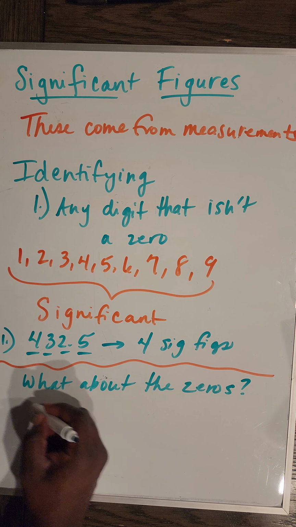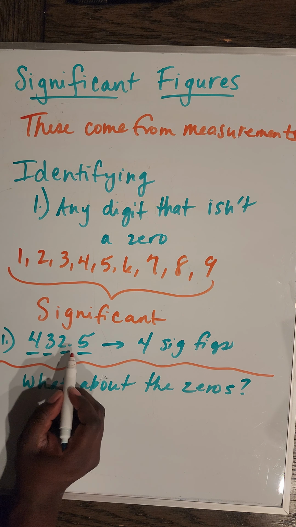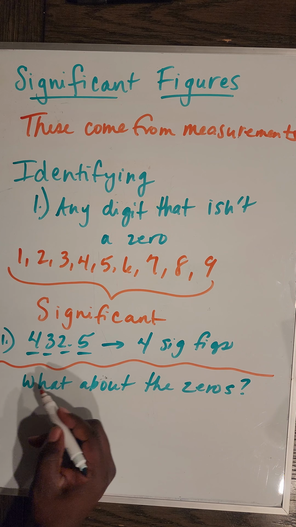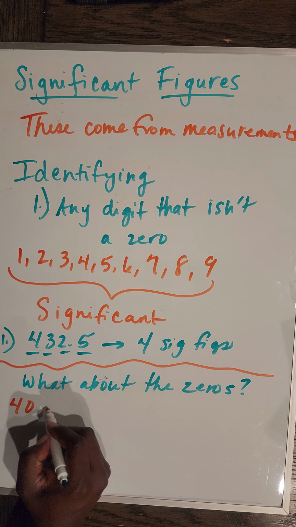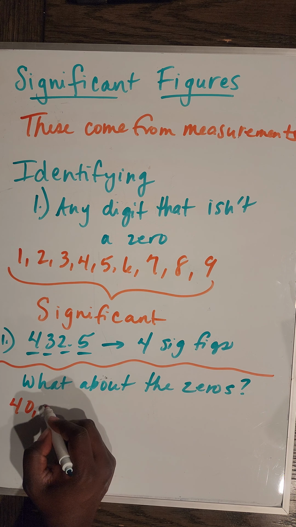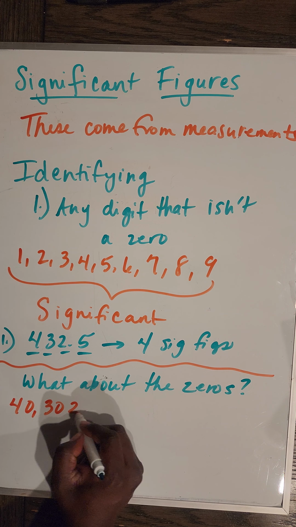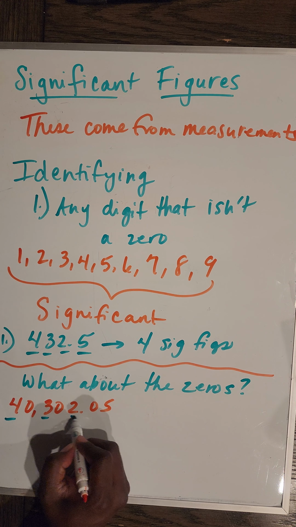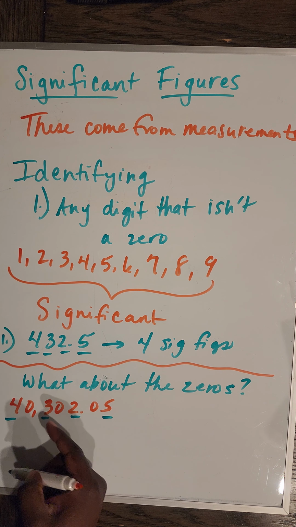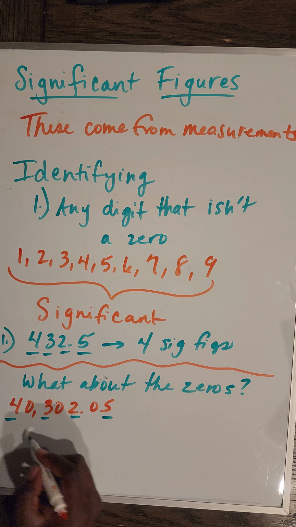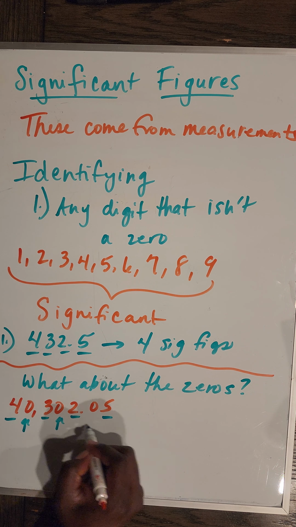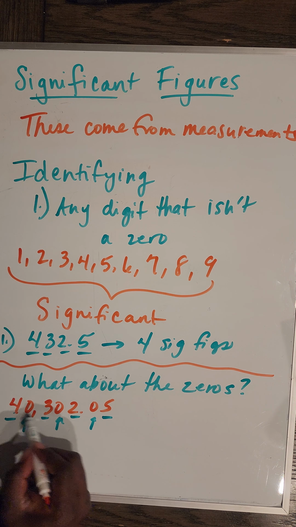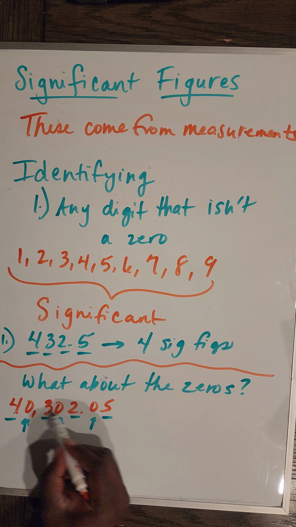If the zero is in between significant figures. So like right here, we have 432.5. If that number was instead 40,302.05, well, we already know the 4, 3, 2, and 5 are significant because they are not zero, but you see how that 0, and that 0, are in between significant numbers?